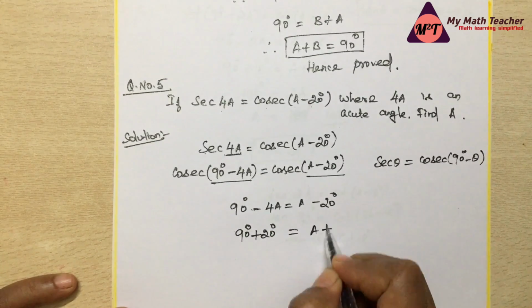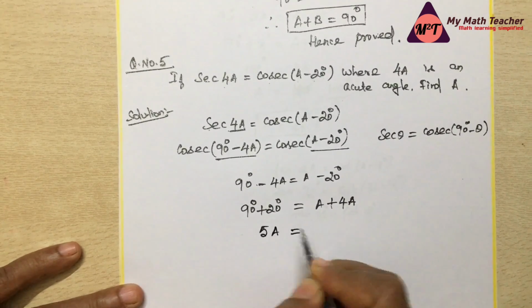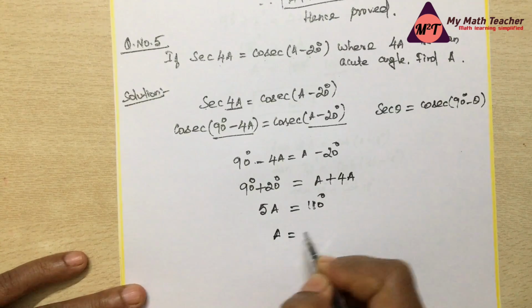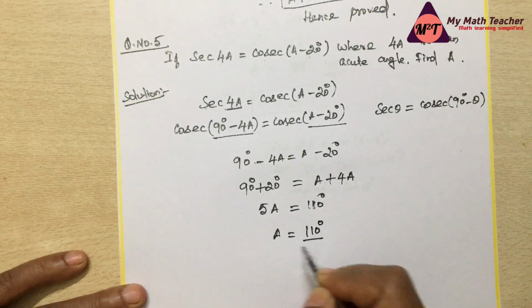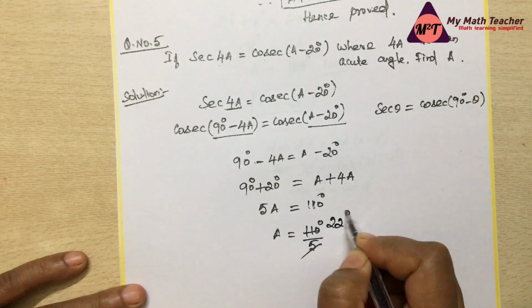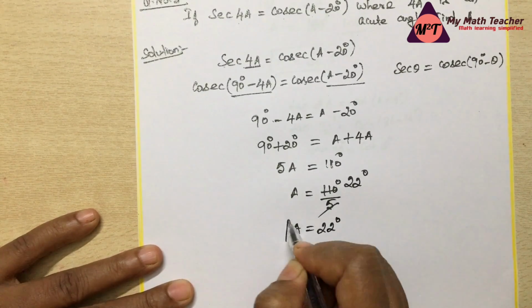Minus 4a becomes plus 4a here. That is 5a is equal to 110 degrees. A is equal to 110 degrees divided by 5, which is 22 degrees. Now a value is 22 degrees.